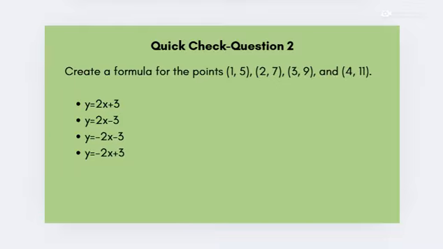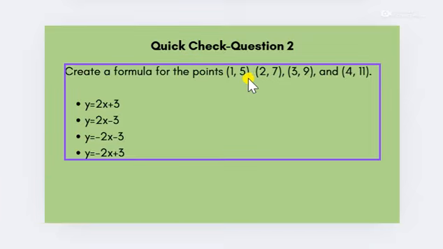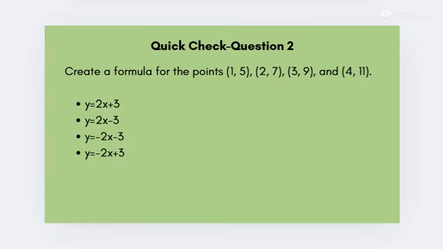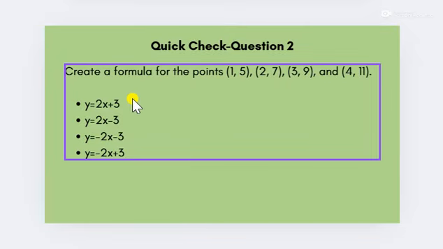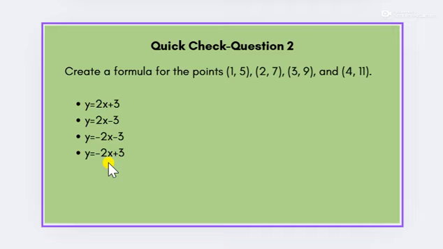Quick check question number 2 says create a formula for the points (1, 5), (2, 7), (3, 9), and (4, 11). There are several ways that you can solve this. You can use two consecutive points to do the slope formula and find the slope, which goes here, the slope being obviously 2.